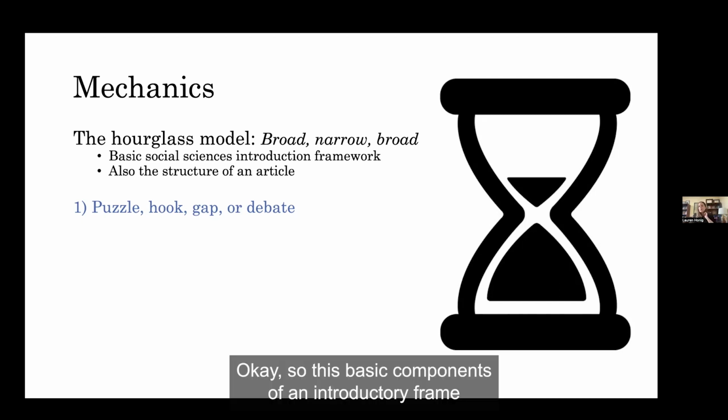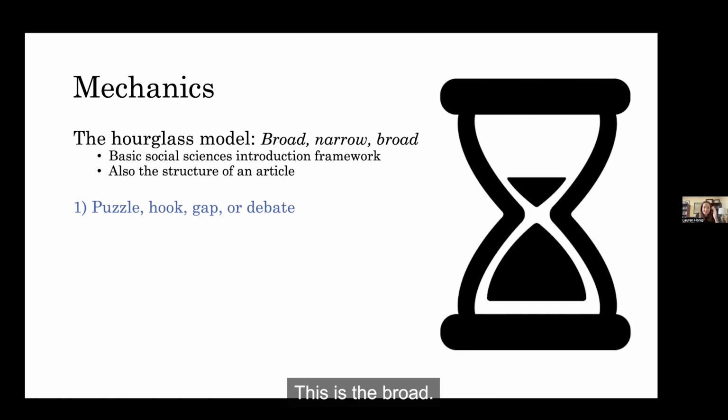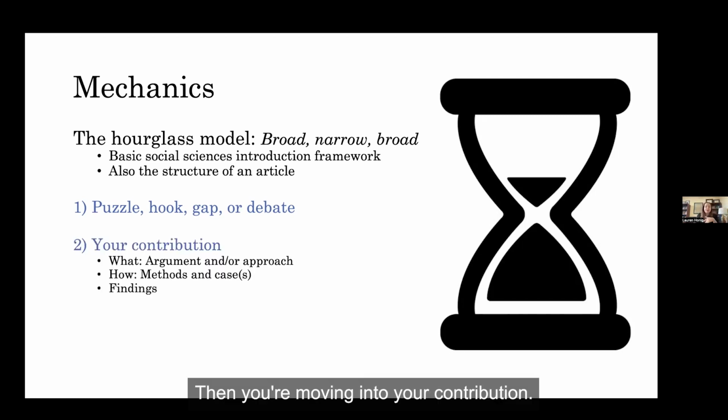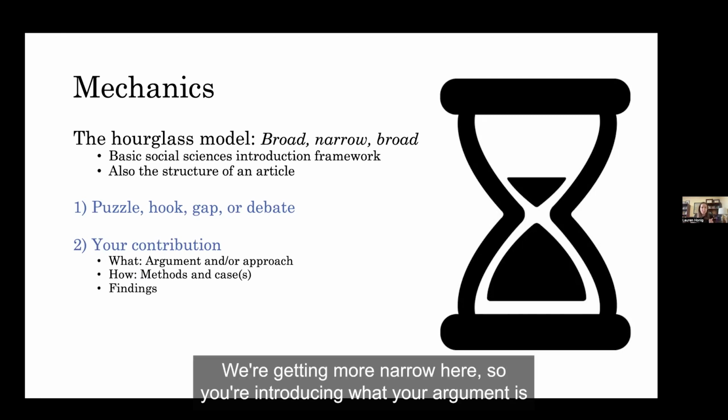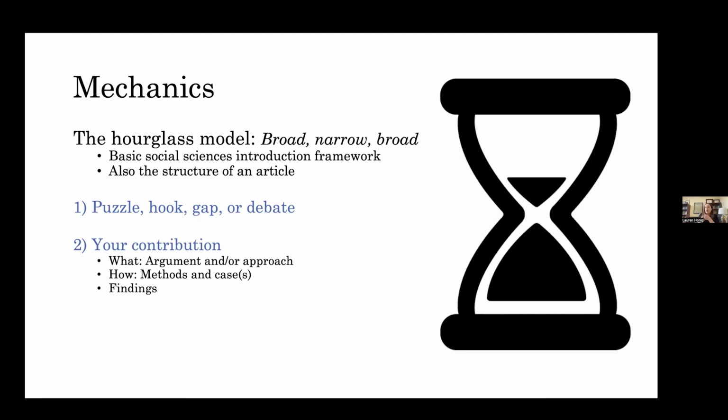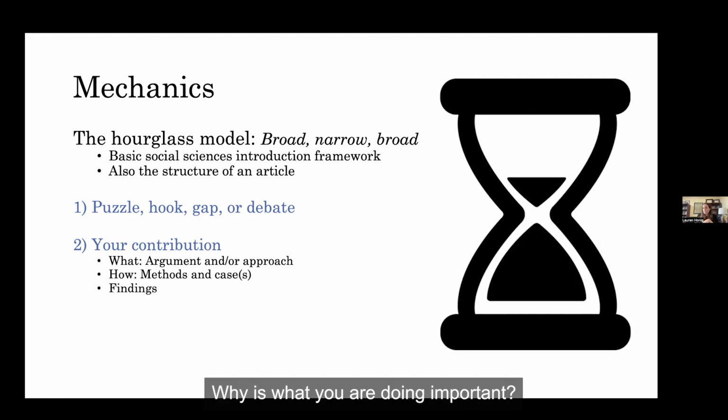Okay, so the basic components of an introductory frame usually start with a puzzle or a hook or a gap or a debate. This is the broad part. Then you're moving into your contribution. We're getting more narrow here. So you're introducing what your argument is, or what your approach is. Why is what you are doing important?